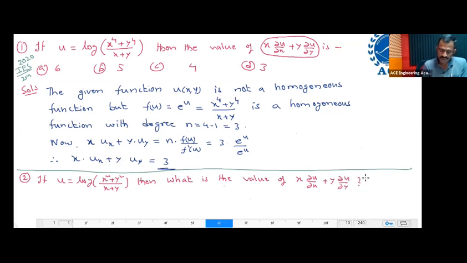Option A 0, option B 1, option C u, option D e power u.